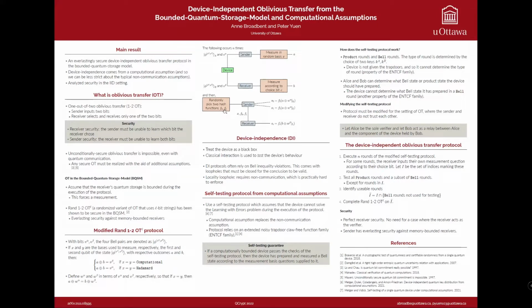Once this is all done, I'm the sender, and I'm going to randomly pick 2 hash functions. Without worrying too much about these W alphas and W betas, I'm going to apply the F0 hash function to all rounds where I measured in the computational basis, and I'll apply the F1 hash function to all the rounds where I measured in the Hadamard basis.